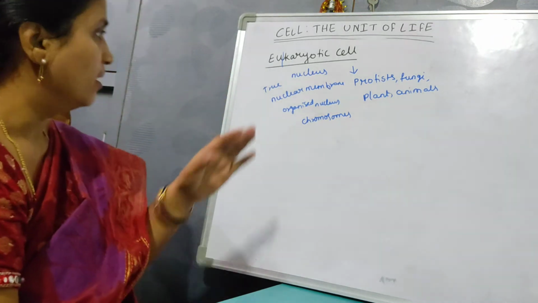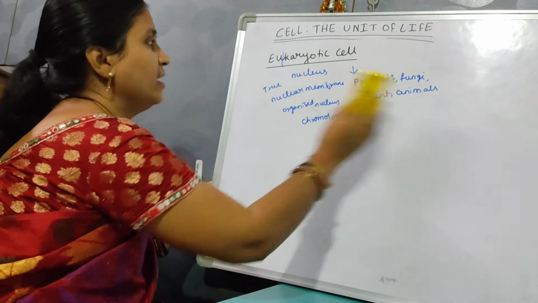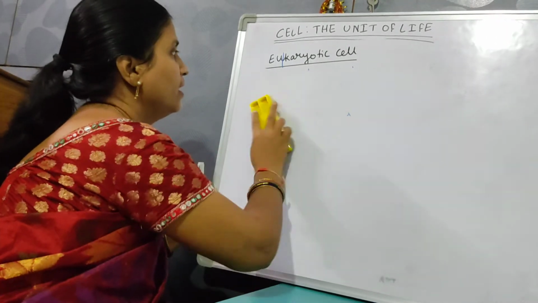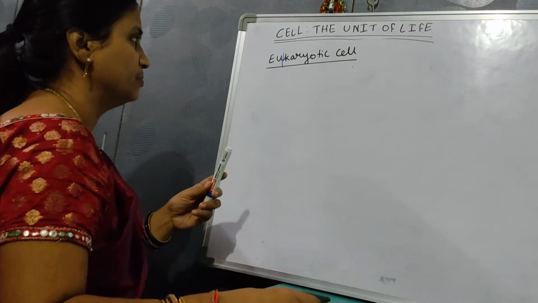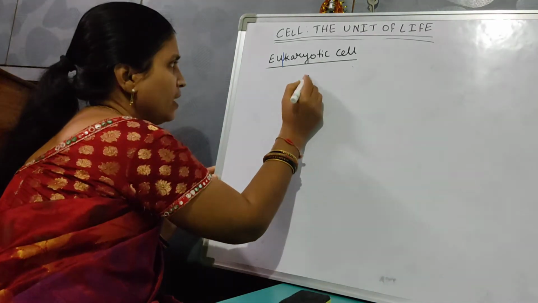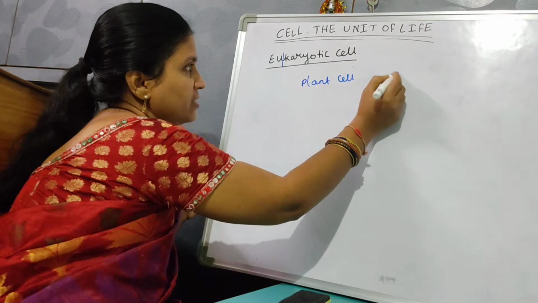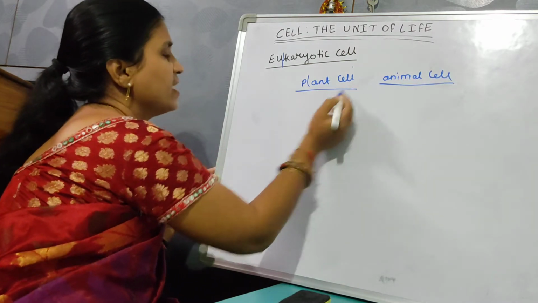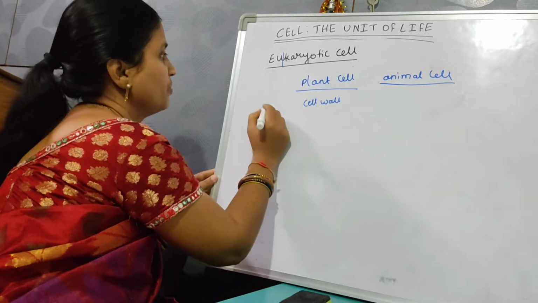Then coming on to this particular eukaryotic cell, about the plant and animal cell. Difference between plant cell and animal cell. Main difference is that in plant cells the cell wall is present.